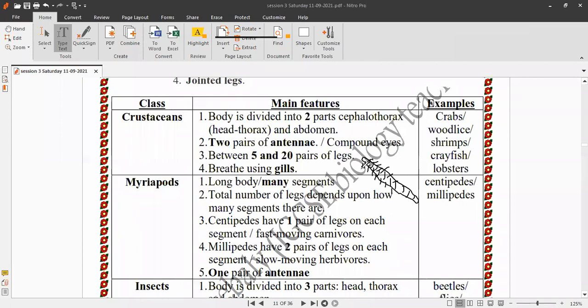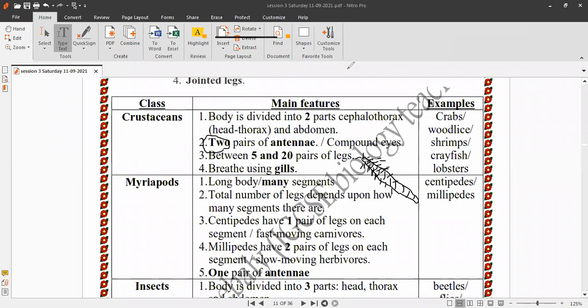They have 2 pairs of legs on each segment, so they are slow-moving herbivores. Also, myriapods have 1 pair of antennae, not like crustaceans, which have 2 pairs of antennae.